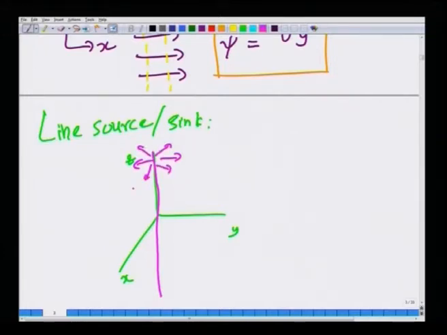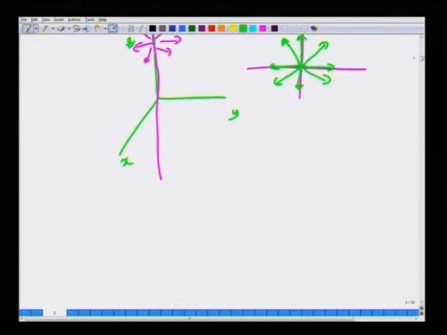Since the source length is very, very large, in the xy plane it will appear like a point source and fluid comes out radially at each and every point. If all the vectors are radially inward, it is a sink; if all the vectors are radially outward, it is a source.